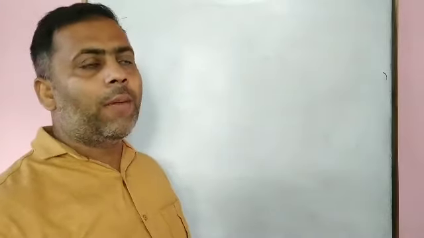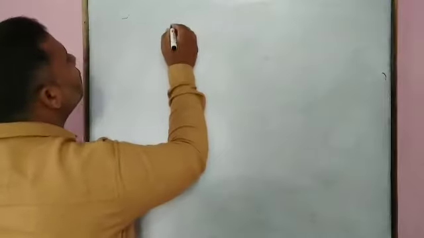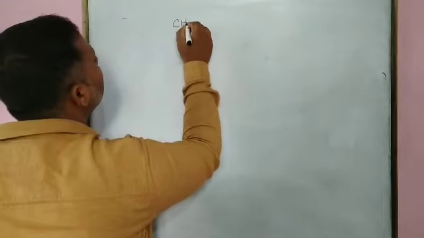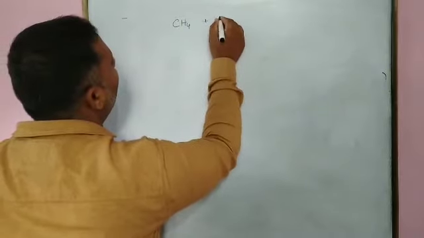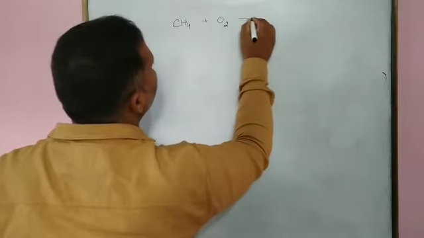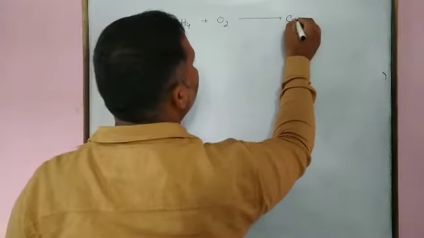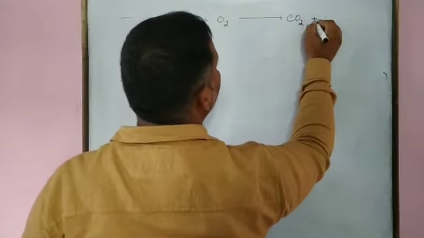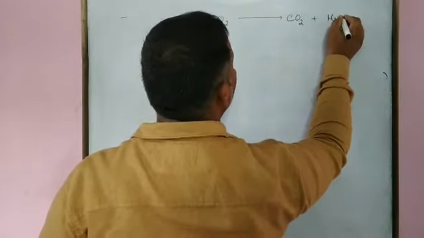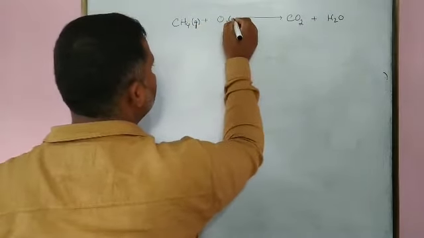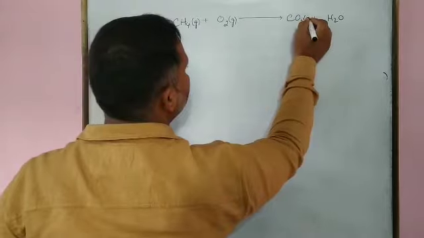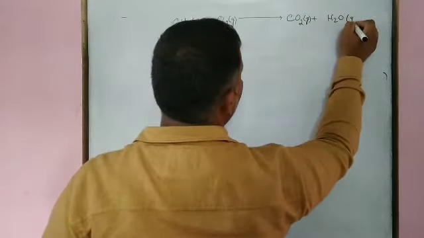What information do we obtain from this chemical equation? The chemical reaction is that methane burns in the presence of oxygen to give carbon dioxide plus water. We mention their states: each one is in the gas state.